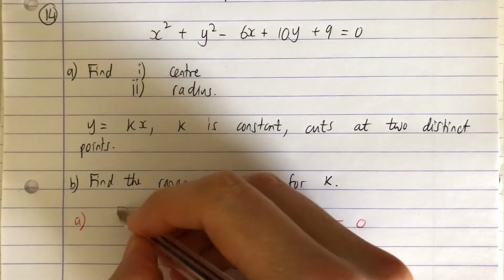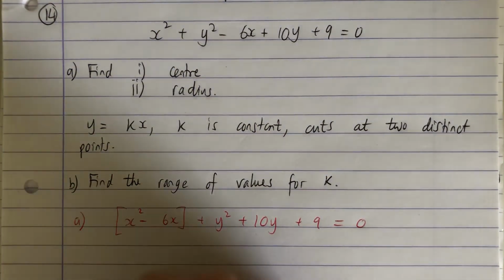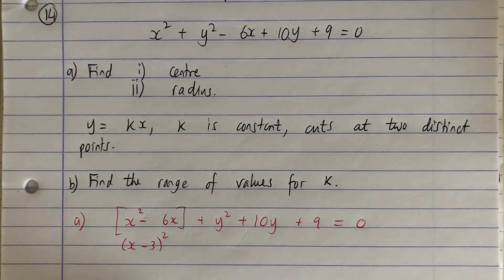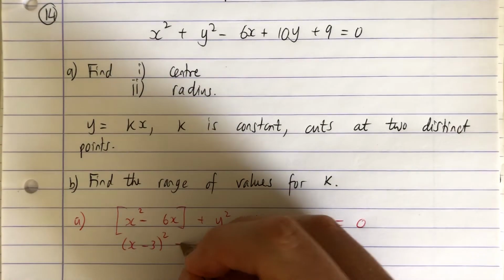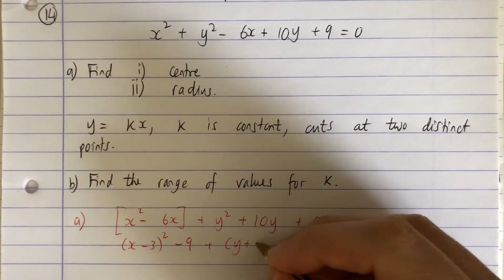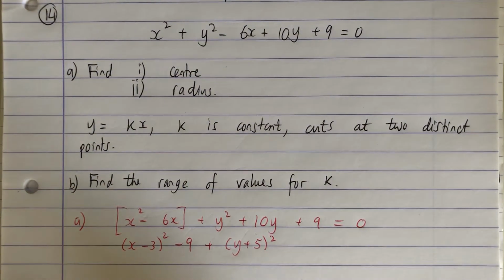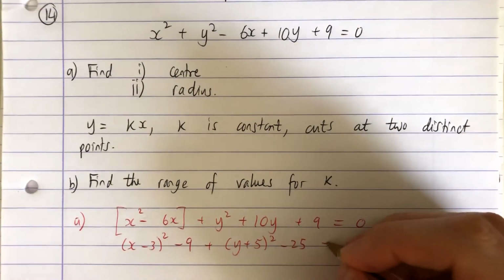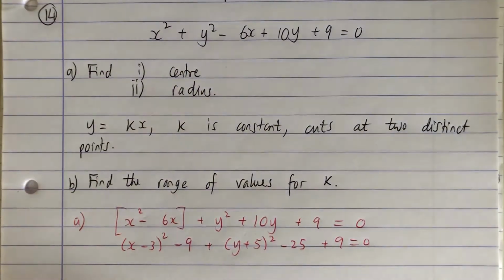I'm going to complete the square on this, and I would go to (x - 3) squared, but you've got to remember to subtract 9. This would go to (y + 5) squared, but you've got to remember to subtract 25, and then you've got a plus 9 on the end.